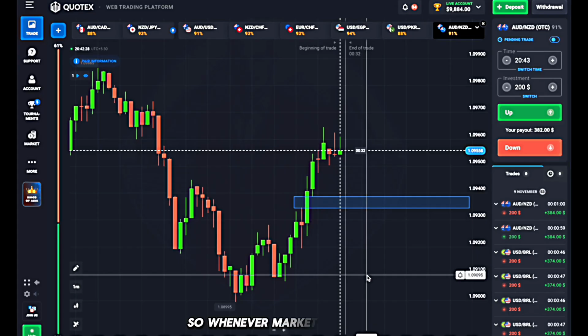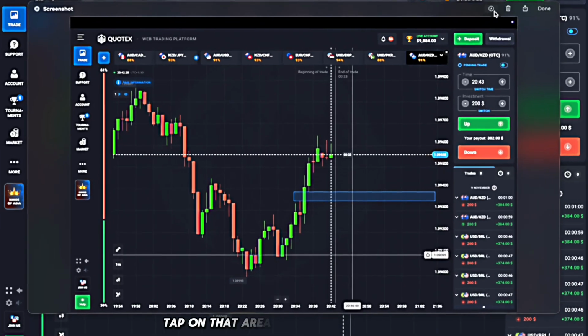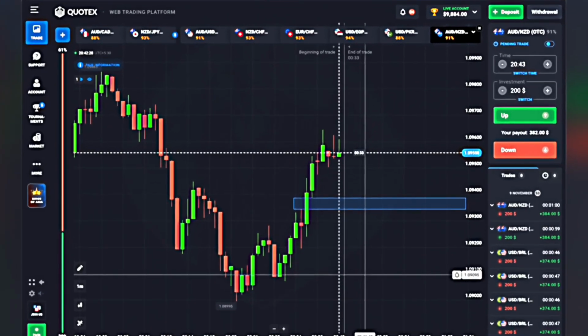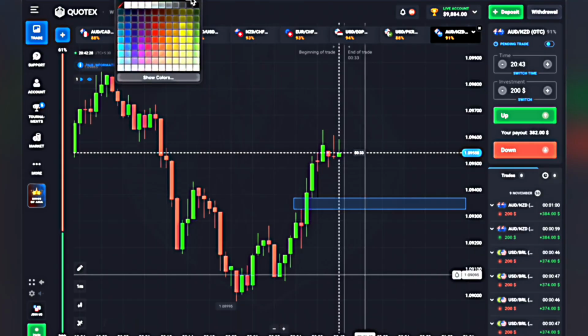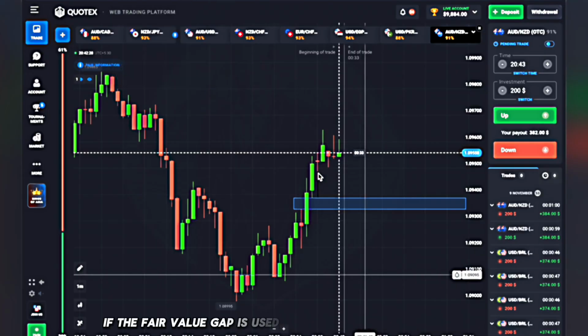So whenever the market comes down and taps on that area, and if sellers are weak with multiple confirmations, we can take our call entry trade from this particular zone. Okay, and remember one thing: if this zone is already used, for example here, if this red candle wick or any other candle wick has used the fair value gap already, we cannot use it twice.